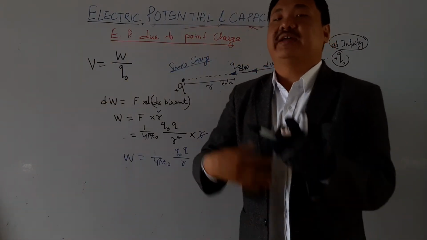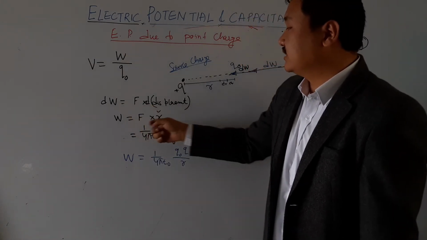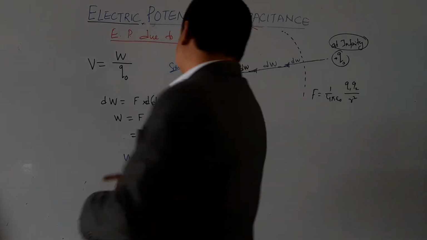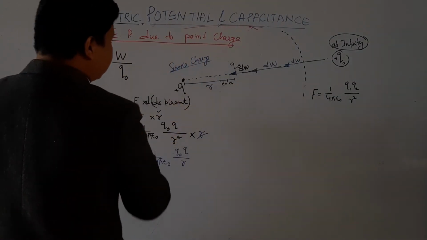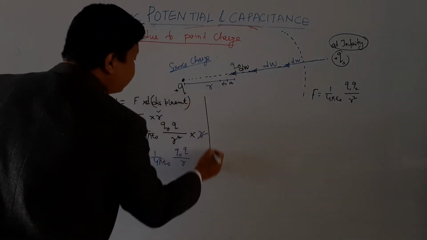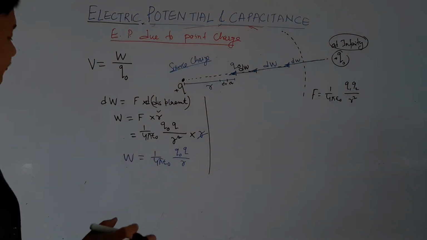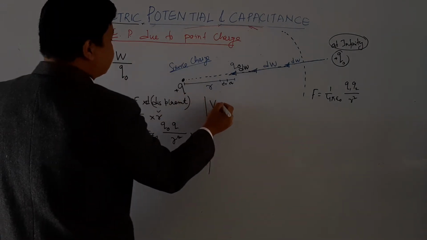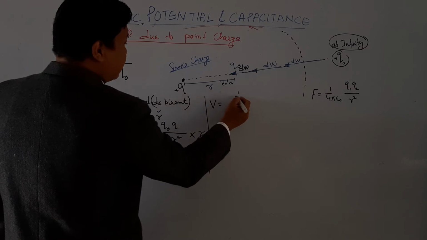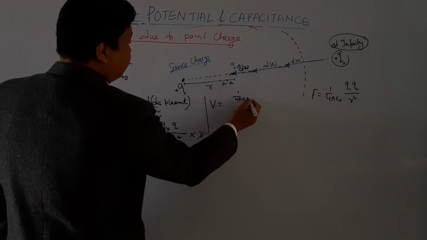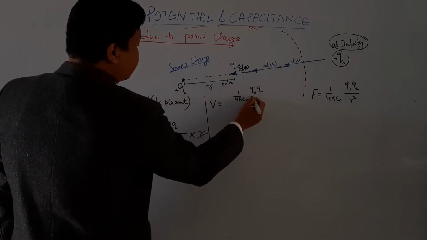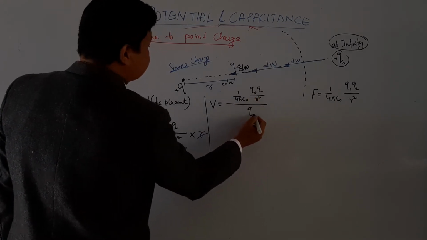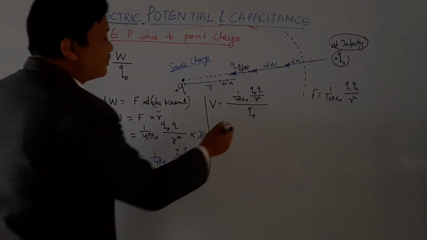If I put this work done here, I will get the potential. Very simple. Work done is force into displacement. Force is this. Displacement total will be R, if you bring this Q0 from this to this. There is one more very important point in this. If I put this work done here, then I will get V is equal to work done, which is 1 by 4 pi epsilon naught Q0 Q by R, divided by Q0, and this Q0 will cancel.